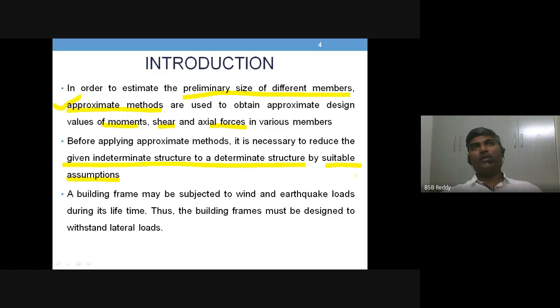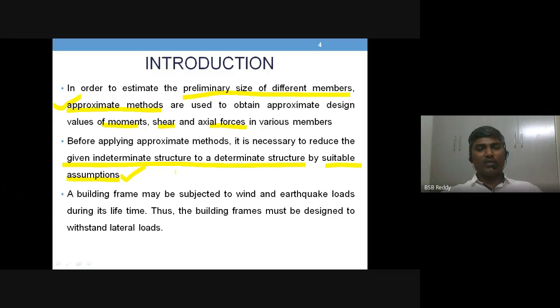If you have an indeterminate structure, you need some excess equations. To solve an indeterminate structure, you have the equilibrium equations plus some additional equations required.